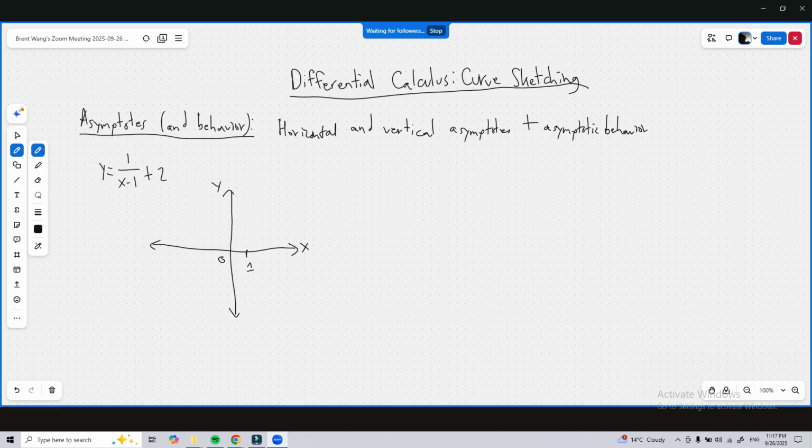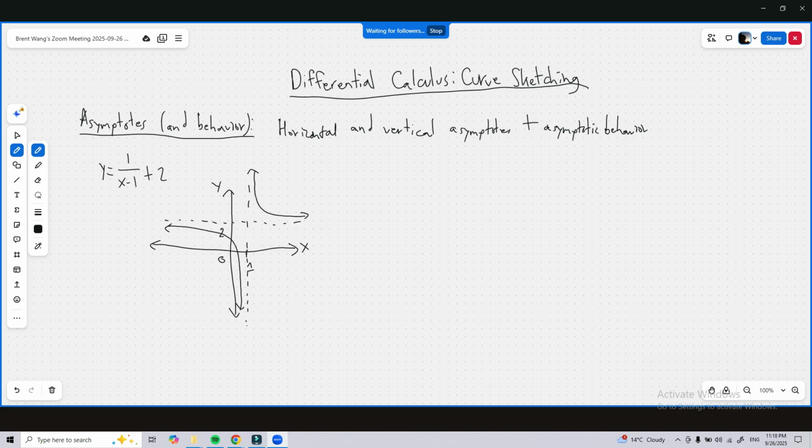This is the vertical asymptote, and you would draw your asymptotes out like this. And you would have a horizontal asymptote at y equals 2, which looks something like this. The function looks like this. So you find your asymptotes and the asymptotic behavior.